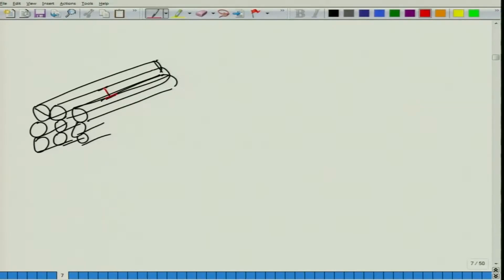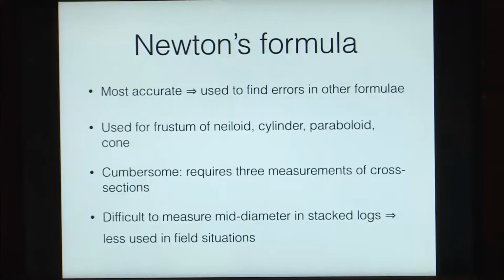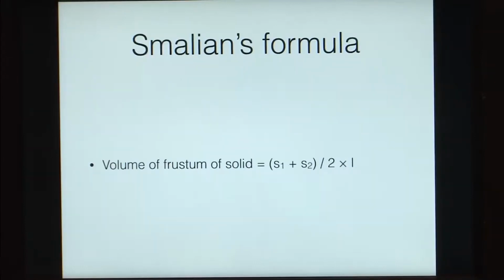Measuring the cross section here becomes difficult because you do not have access to the central portion of the log. So, coming back to the slides, it is difficult to measure the mid diameter in stacked logs, which is why Newton's formula, even though it is the most accurate of all the 3 formulae, is less used in field conditions. Now, let us look at Smalian's formula and try to generalize it.